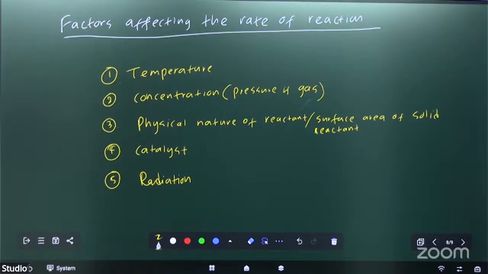First, temperature. Second, concentration, within brackets pressure if gas. Third, physical nature of reactant, otherwise surface area of solid reactant. Fourth, catalyst. Fifth, radiation.